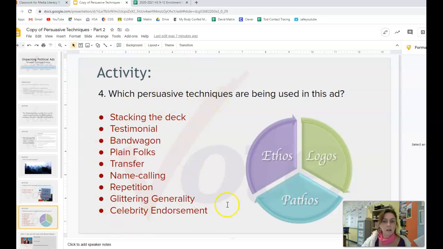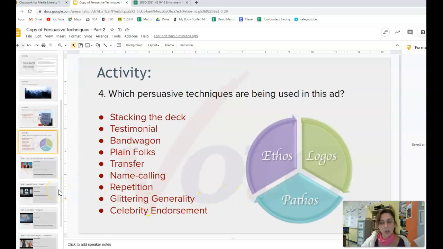I gave you a list of everything that we've talked about so far, okay? If you cannot remember the details of each of these persuasive techniques, just go ahead and go back to the slideshow from last week. There were 2 slideshows actually, and review the information there, okay? You can always go back and use those things like notes, so to speak, when you're doing your assignments.